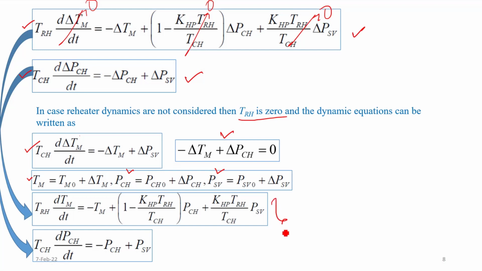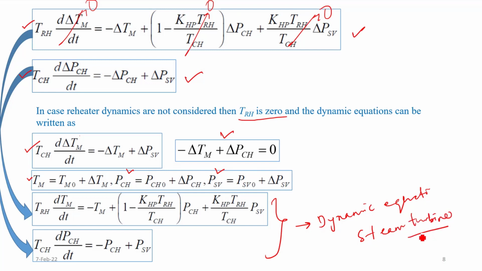So now these two equations are your dynamic equations of the steam turbine, consisting of a high pressure turbine and a low pressure turbine, which is connected through the reheater. Now this is all about the modeling of the turbine.